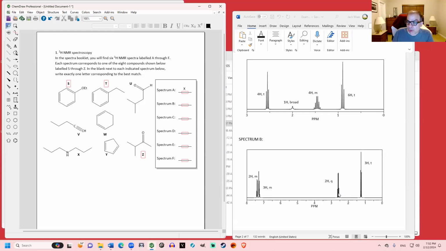Instead, it's only at about 2.5 parts per million. That means that this CH2 is directly attached to the benzene ring. So spectrum B has to be compound T. And again, I knew that from the chemical shift of the CH2. I knew this was a CH2 because it's attached to the CH3, which gives us 4 lines.